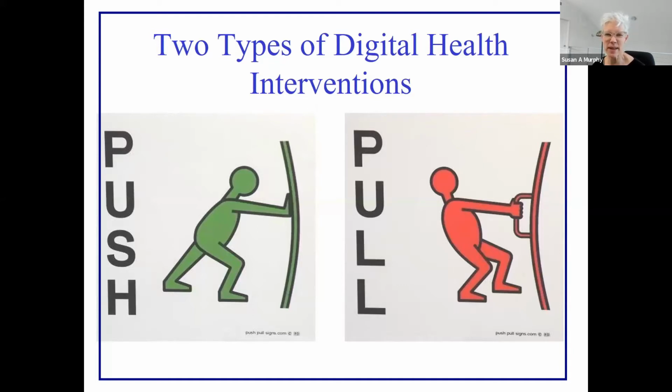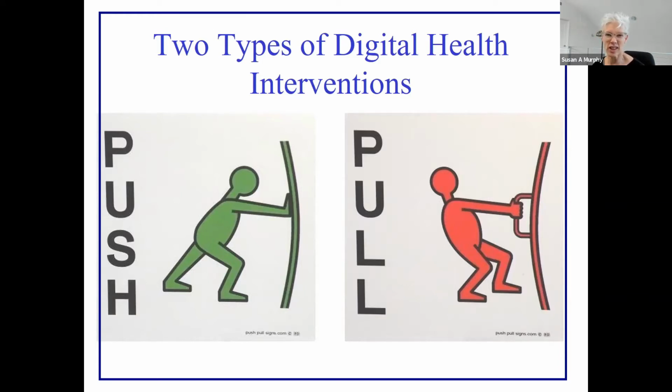Like it might be, for example, if you're a student at Harvard and you're having a lot of problems in a class, you could go to the phone and see how to contact the academic resource center, or how to contact student groups that work together and study together. That's called a pull. That requires that you recognize you need some help right now, and you go and you access that help.